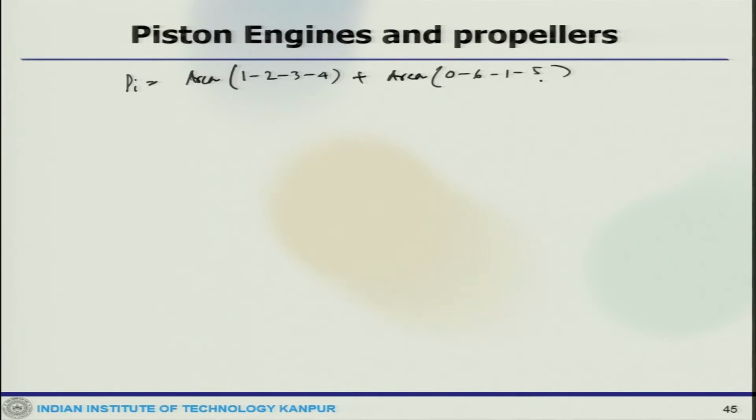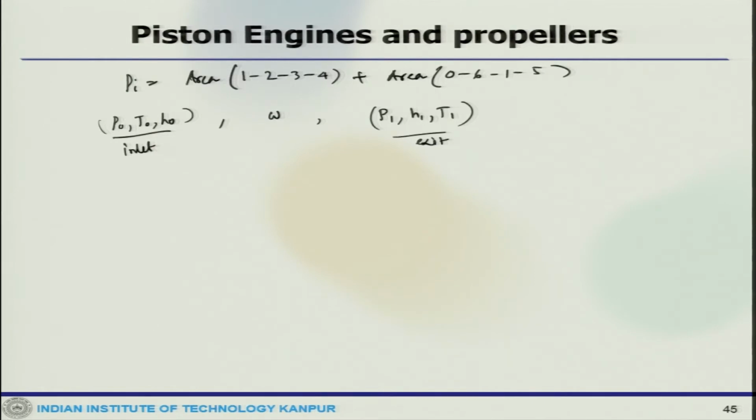The power required for driving the supercharger can be calculated considering the flow to be adiabatic and steady. The air enters the compressor at pressure and temperature P naught, T naught, H naught, and the work supplied to the supercharger is W. When it leaves the supercharger the pressure and temperature are P 1, H 1, T 1. This is the inlet, this is the exit.